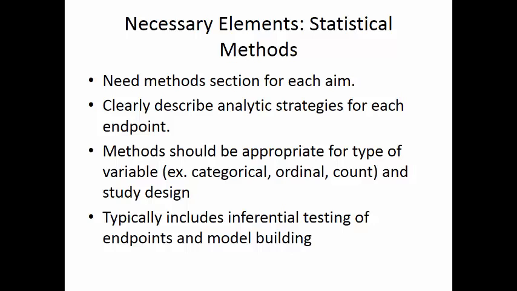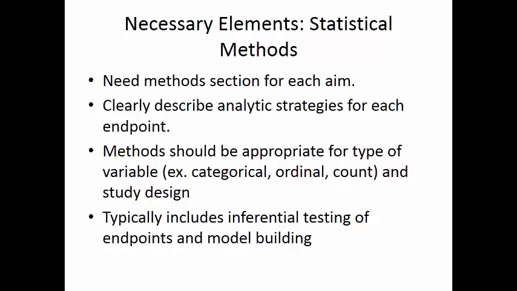One of the goals of the method section should be to give the reviewers an idea of what's going to be done with the data, and how that's going to allow you to make conclusions about your study hypotheses that you've proposed. We should have analytic strategies for each endpoint. Sometimes you have the same analytic strategies for all of your endpoints, and you can just state that.